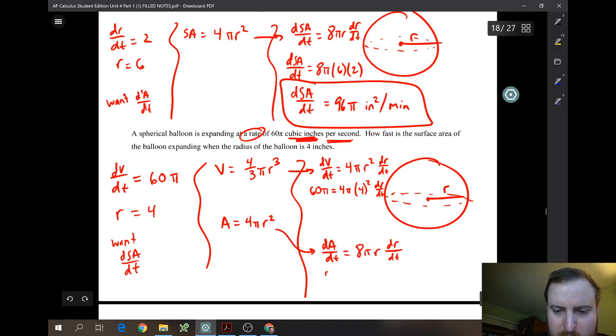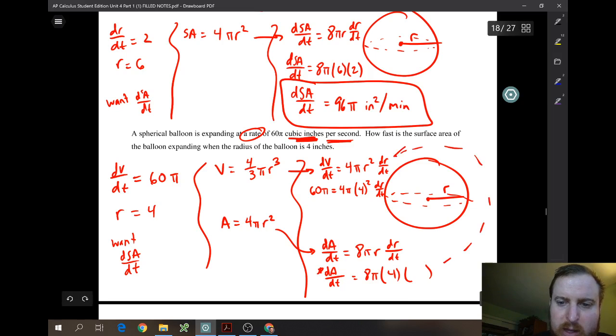And so when we try to plug in here, we realize we can plug in for r, but we can't plug in for dr/dt. And we need to because we want to solve for dA/dt. So that's why we're using the volume, and that's why they gave us the volume, so you could find dr/dt. So the pi's will cancel out.